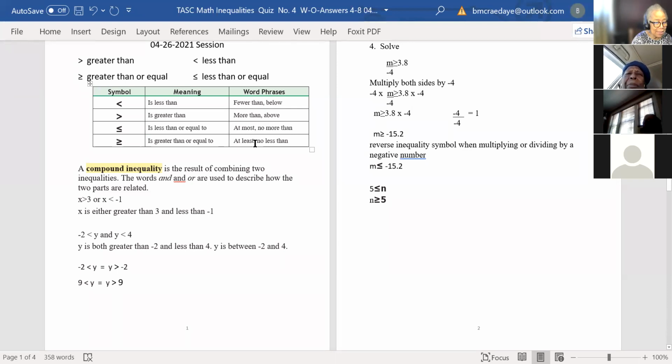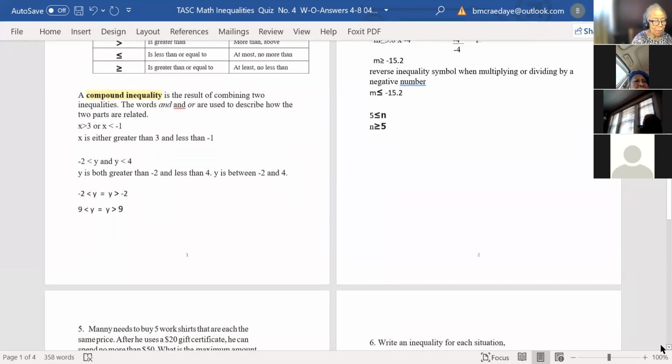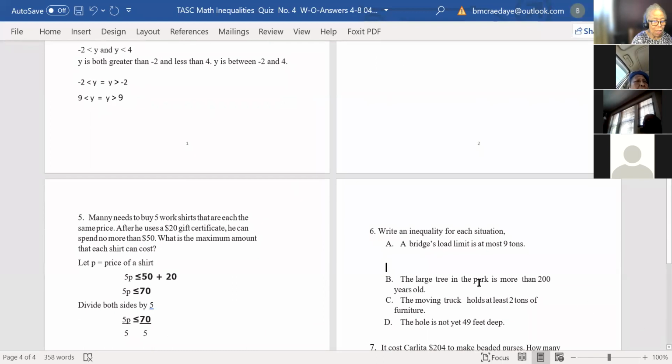At least means greater than or equal. So what would I write? A bridge's load limit is at most 9 tons. Use B for bridge. What would I write?